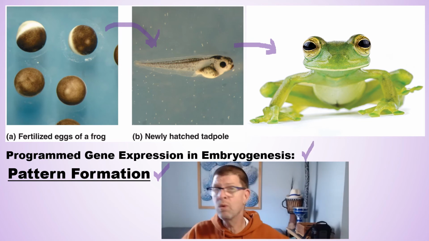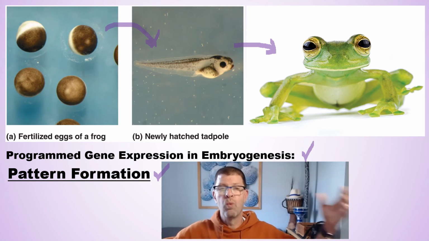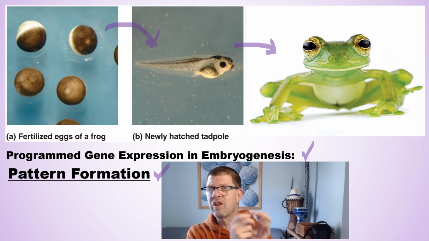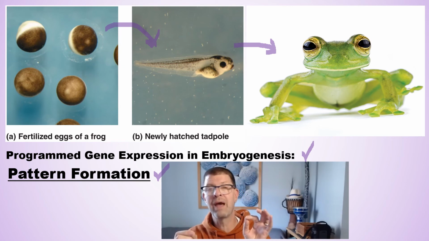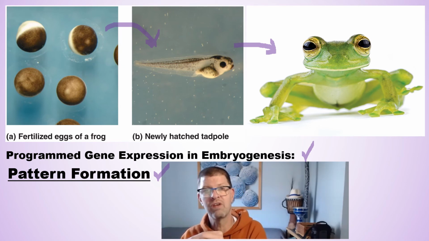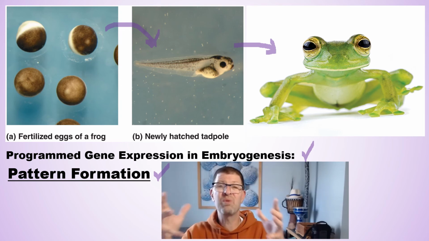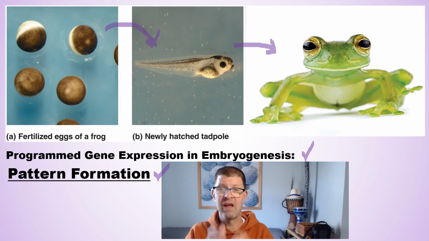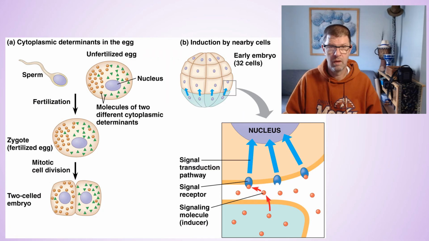So even though it can be complicated, it follows predictable patterns. And it has to do with signals in the environment, with one cell developing first and then producing signals that are going to impact the second cell, which is going to produce signals that are going to impact the third cell. And so we can count the cells and know exactly how they're going to interact with each other. And that's what we call pattern formation.